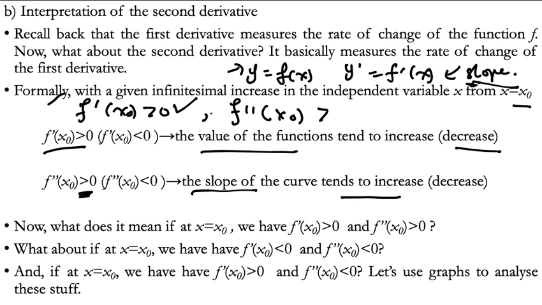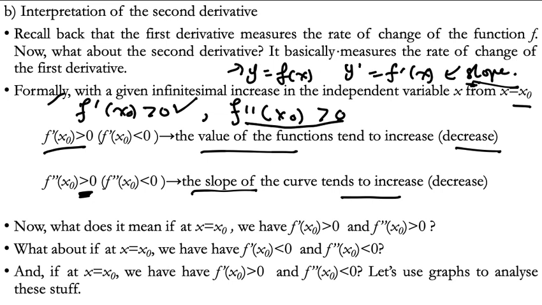The rate of change in the slope, in the increasing slope here, is positive or increasing. So the slope increases at an increasing rate. The slope increase means f prime x naught is positive. The slope increase at increasing rate means the second derivative is positive.